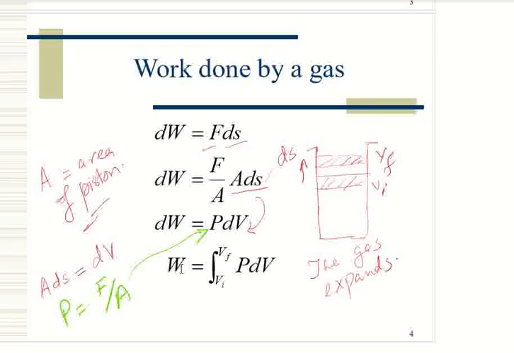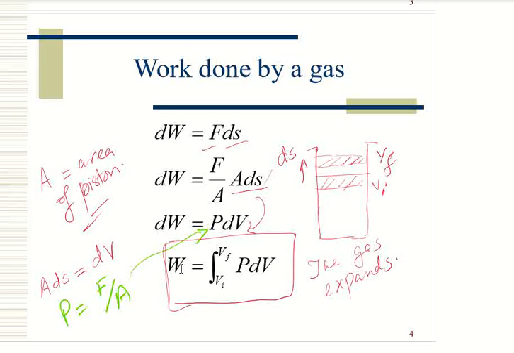And this is the work done that we will now onwards be using for our thermodynamic situations. Whenever we encounter work done in a gas cylinder system, we will use this kind of notation, and remember that in this notation the pressure is not changing, so P is constant in this case.